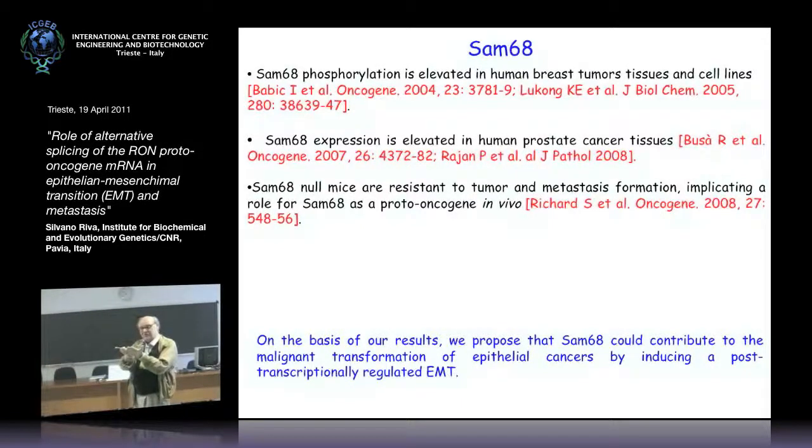And the level of the SF2 protein impacts on the splicing of RON, which is something that determines whether cells become able to move around, to cross the barriers, and so on.